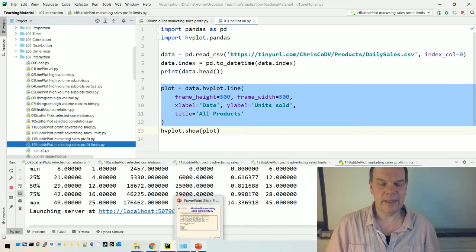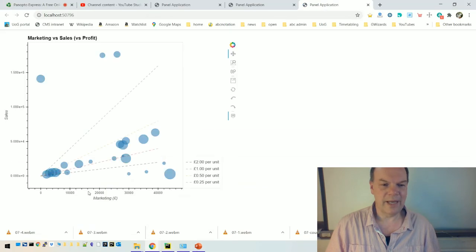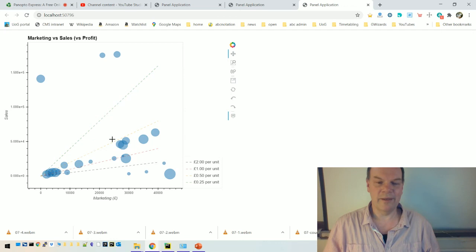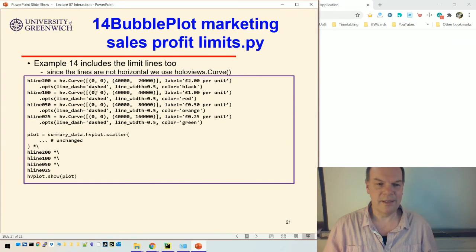Since on the x-axis we've got marketing, and on the y-axis we've got sales, setting this red line where x equals y means that for £40,000 spent on marketing, you get 40,000 in sales. That therefore tells me something about how the plot is divided up. And if you remember, we're able to see that most of the values fall in this region between £1 per unit and 50p per unit, just by determining these lines.